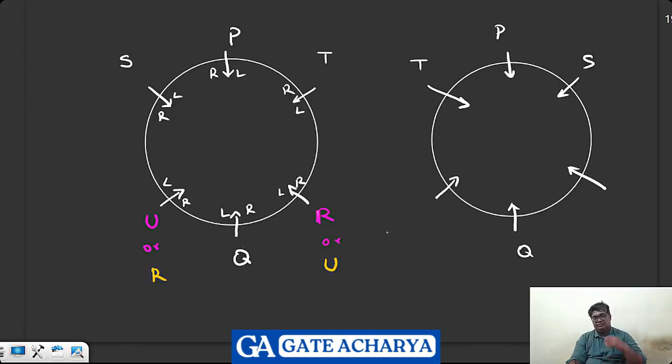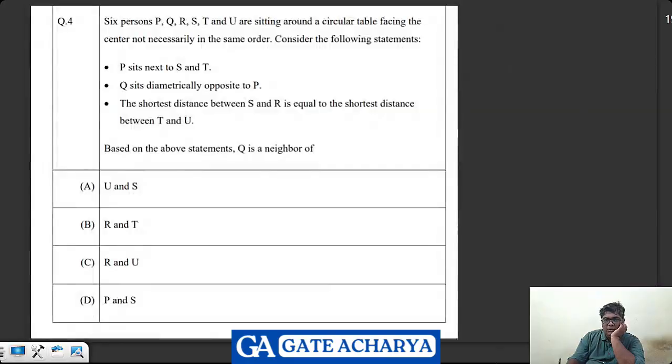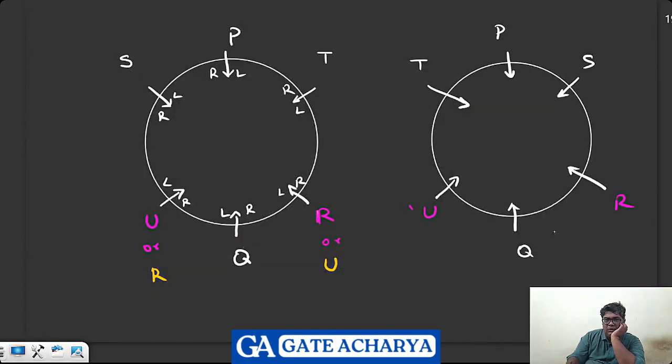Let's try out here. If I put U here, then obviously R has to be here. Then tell me, what is the shortest distance between S and R? They are near. What is the shortest distance between T and U? They are also near.